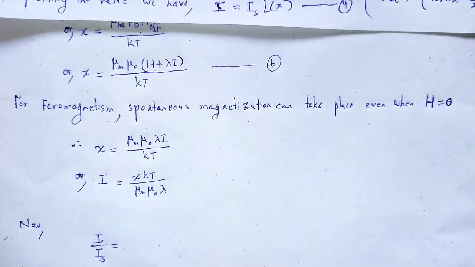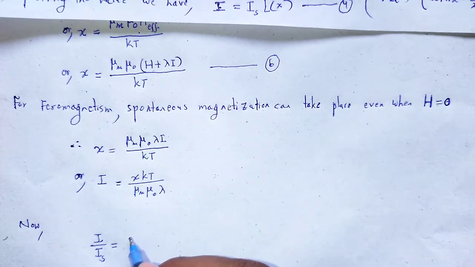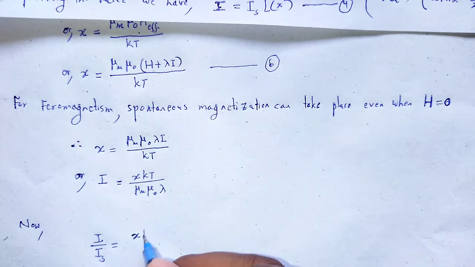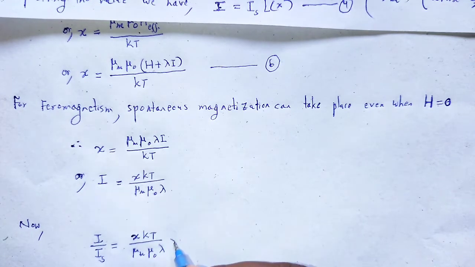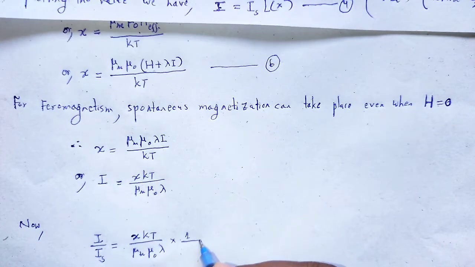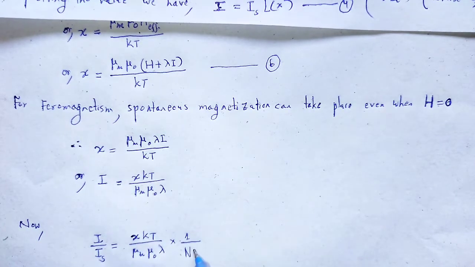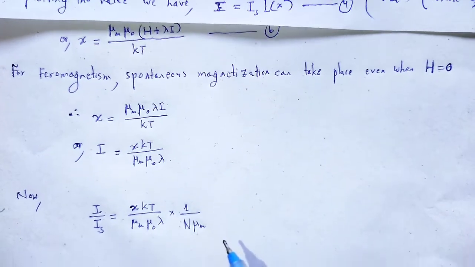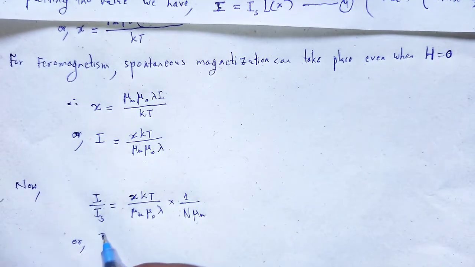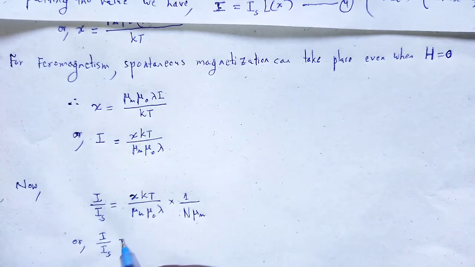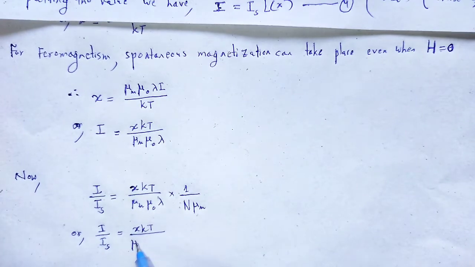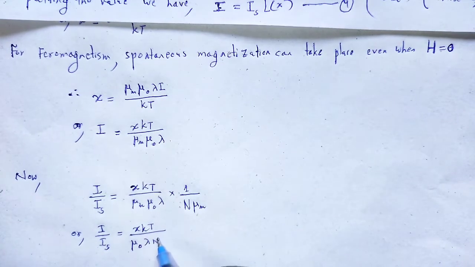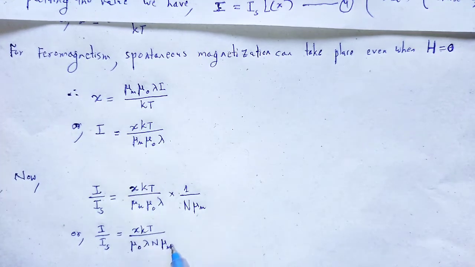So, value of I as x kT divided by mu m mu naught lambda into the value of Is as n mu m, or I by Is is equal to x kT divided by mu naught lambda n mu m square.